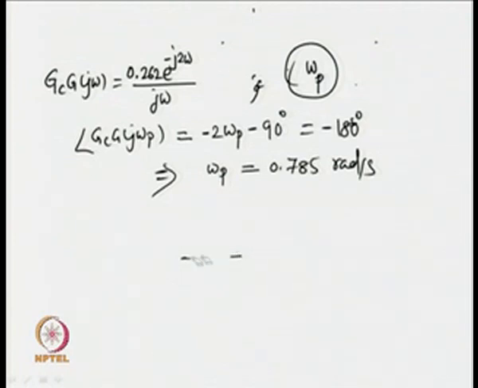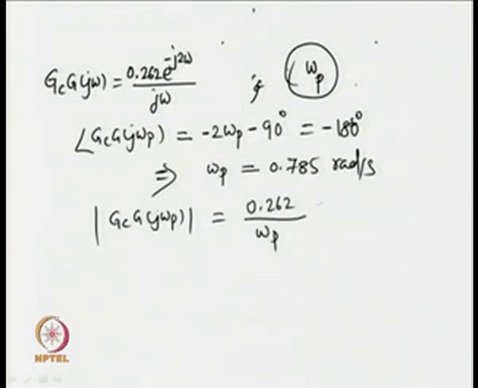Now, at this phase crossover frequency, what is the gain of the system? Let the gain of the system at this phase crossover frequency be the magnitude of G C G j omega p, equal to 0.262 upon omega p, equal to 0.262 upon 0.785. Now, how much additional gain can one have to get unity gain in the loop when the phase is minus 180 degree, which again drives the system to the verge of instability?